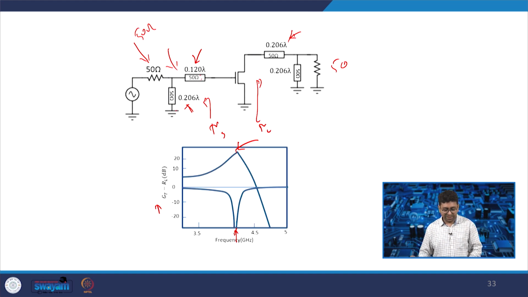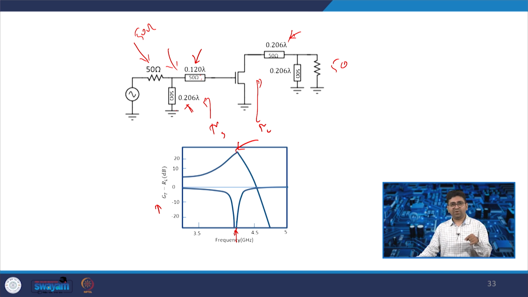So, what is the complete method to design an amplifier? First, you should know the stability. We have discussed the stability curve and how you can plot the stability circles, input stability circle and output stability circle, by using the S parameters.